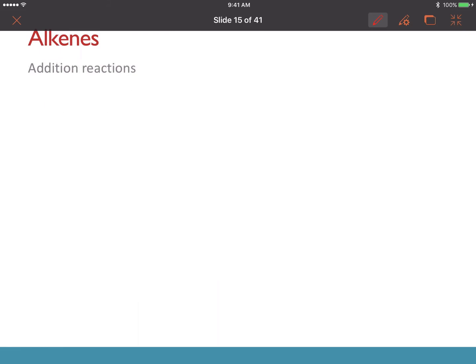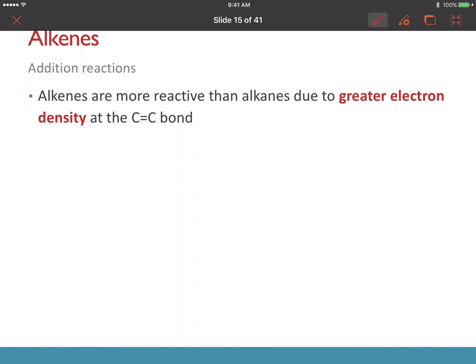Okay, now we move on to the highlight, which is that alkenes generally take part in addition reactions. Why are they more reactive? It's because there is more electron density at the CC double bond. Now, as you know, in chemistry, all the chemical reactions involve electrons somehow, like in electrochemistry, redox, it all involves the moving of electrons.